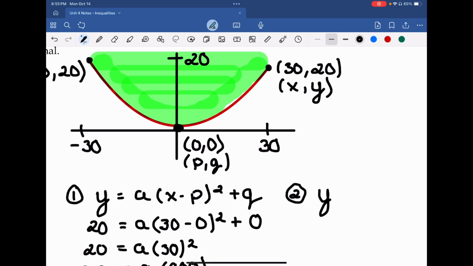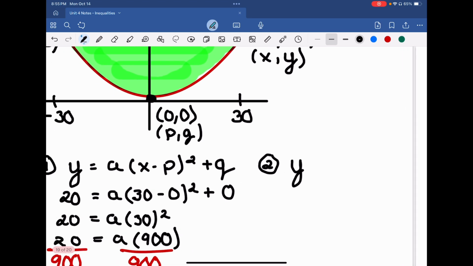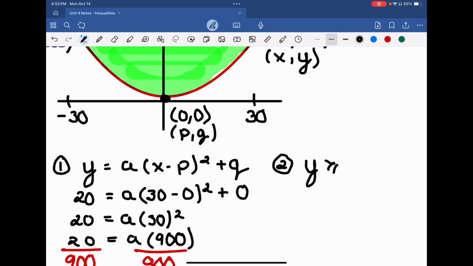So y is greater than or equal to the a value, which was 1 over 45, and because the p and the q were 0, it just leaves us with x squared as the overall quadratic equation. Okay, so there is the inequality that represents the region in which the dish can receive signal.